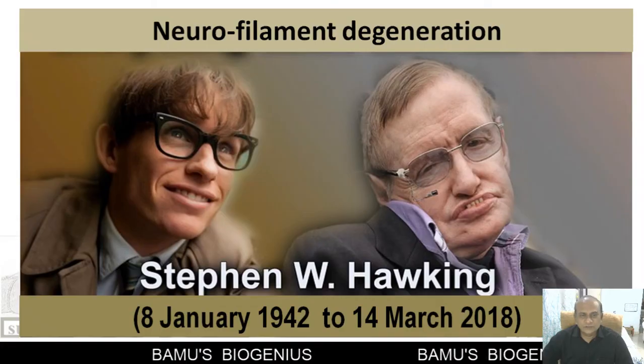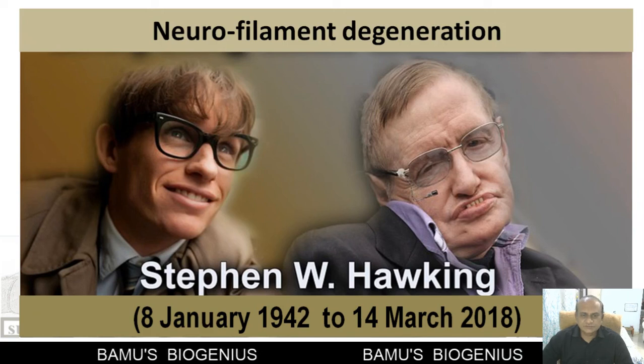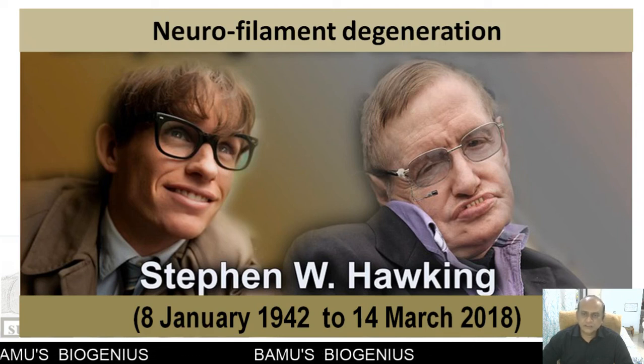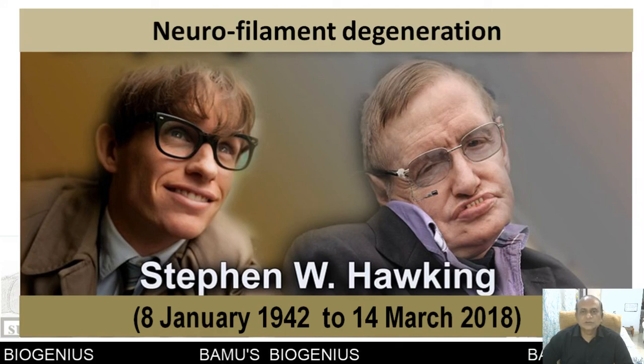Now you must know this man. He was a great scientist, Stephen Hawking. He was a cosmologist, mathematician, theoretical physicist, and author of the bestselling book The Brief History of Time.